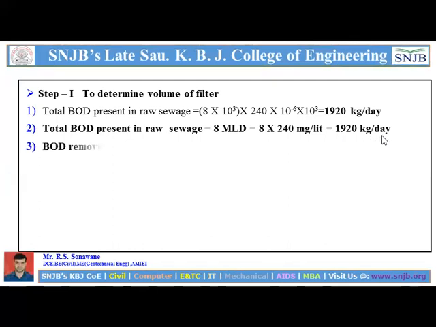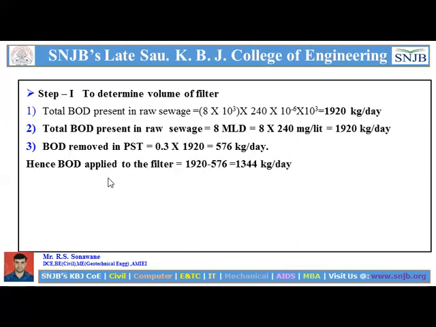The third thing is the BOD removed in PST, that means the primary settling tank. How much BOD can be removed is already given, that is 30%, so 0.3 multiplied by the total BOD present in the raw form, that is 1920, which equals 576 kg per day, the BOD removed in PST.